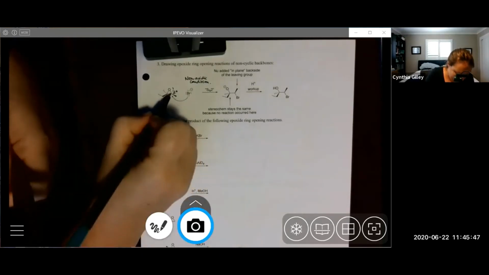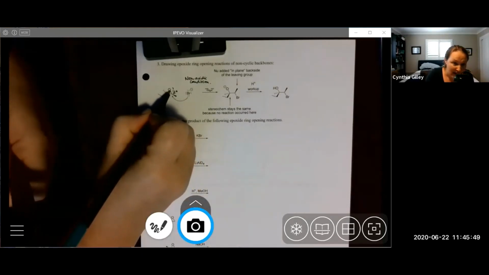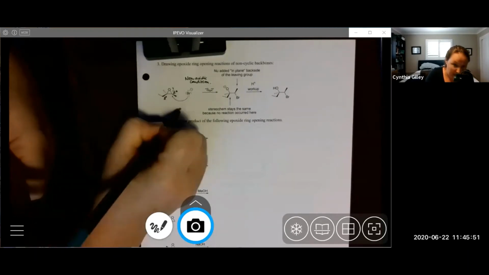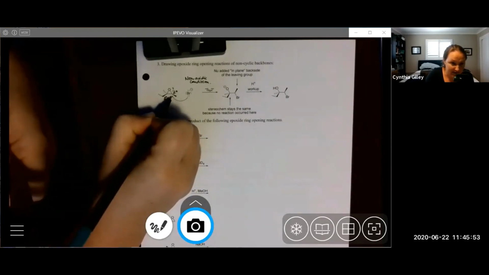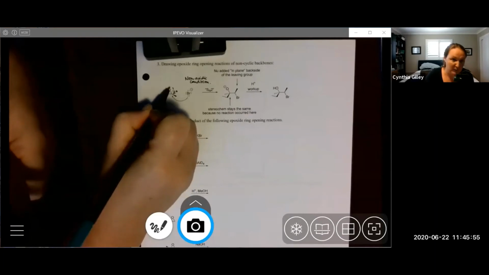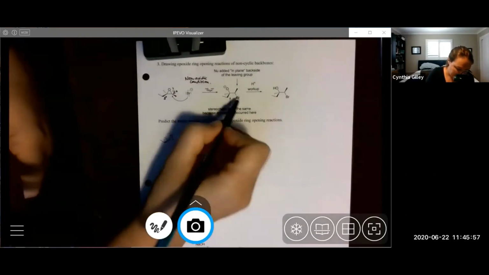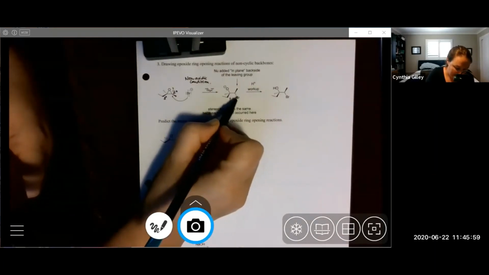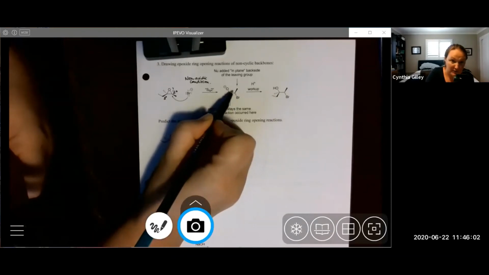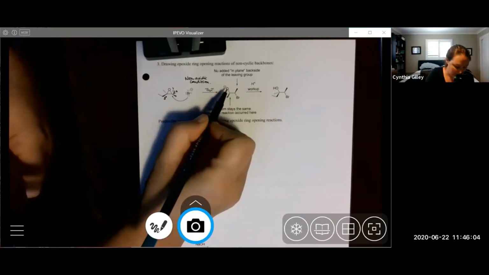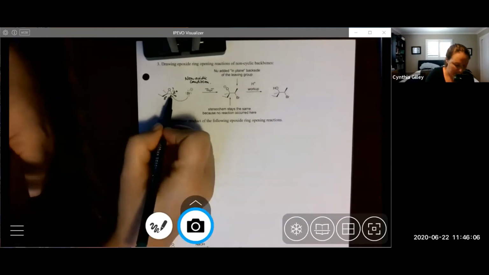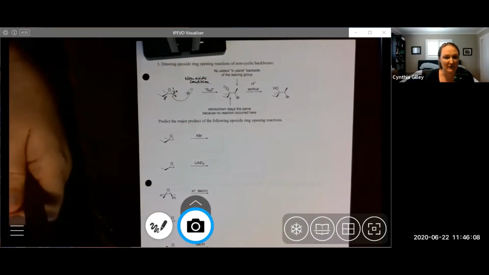So the leaving group is in the plane, and the bromine has attacked from the back in the plane, right? And then the leaving group leaves. So we draw the bromine having come in from the back where the leaving group used to be. And when we do that, we're able to keep the group still on a wedge. And we've done inversion.